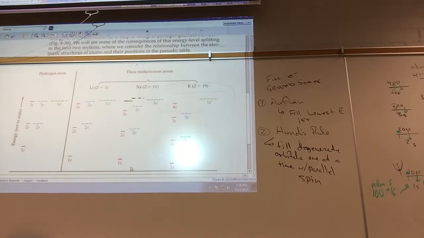It turns out there's stability of filled and half-filled shells and subshells.